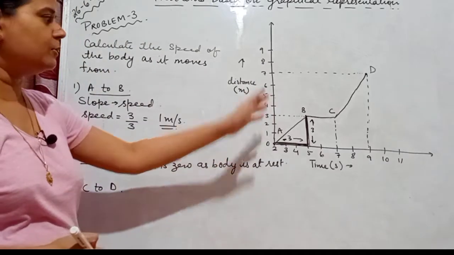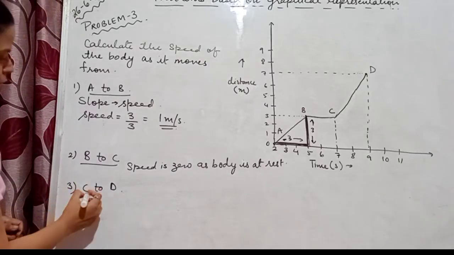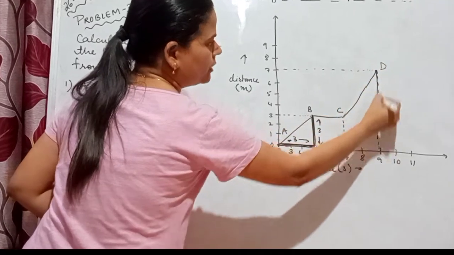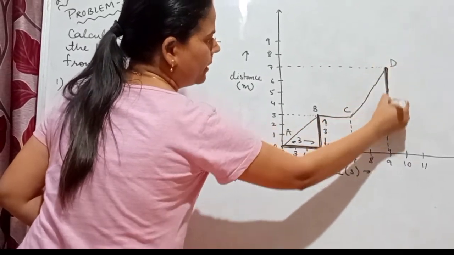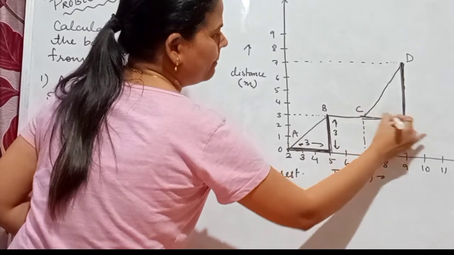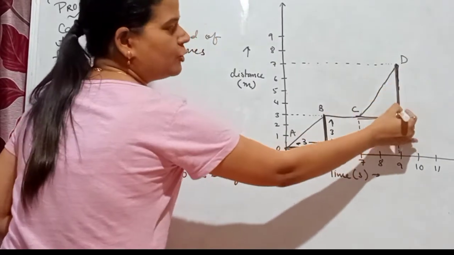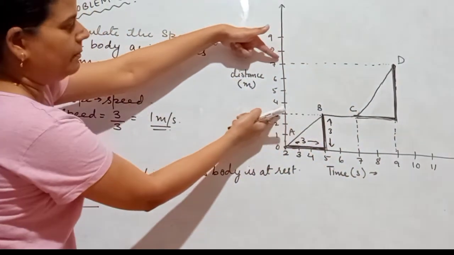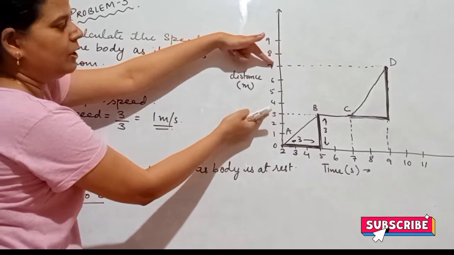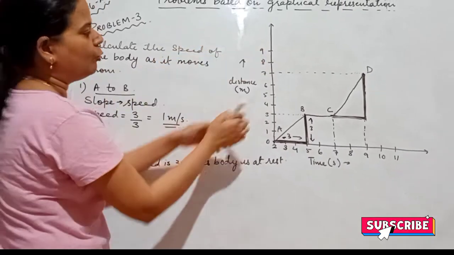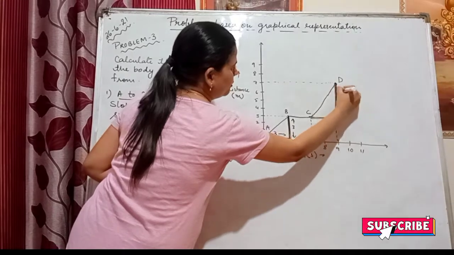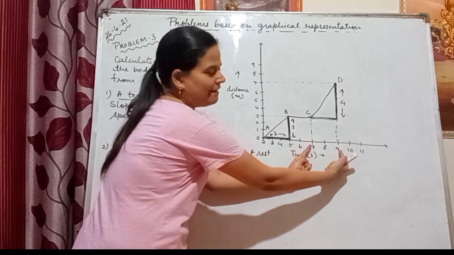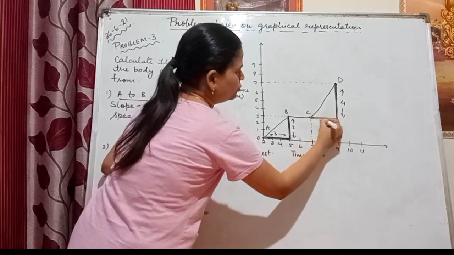If you have revised the graphical representation, then you will not face any problem in analyzing these graphs. Then from C to D again we need to find the slope. This is the perpendicular for CD and this is the base for CD, right? So we need to find the measure of the perpendicular and base. The perpendicular is between 3 and 7, so we have 4. The base is between 7 and 9, so it is 2.